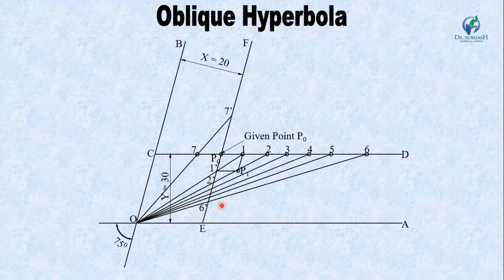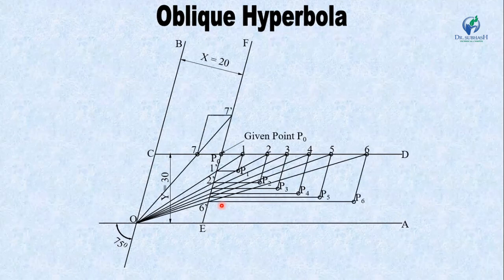Similarly, find the other points P2, P3, P4, P5, P6, and P7. Now join all these points by a smooth curve, and this is known as an oblique hyperbola.